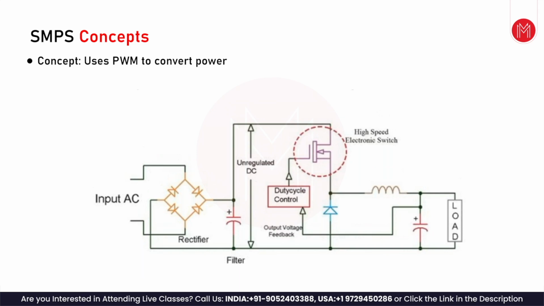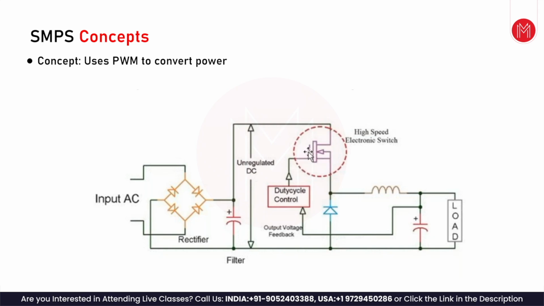The typical SMPS, it's not a block diagram, but it's not a circuit either. This is how the representation of SMPS typically looks. There is a rectifier that converts the input AC into unregulated DC, and there is a filter. Then there is a switch here.